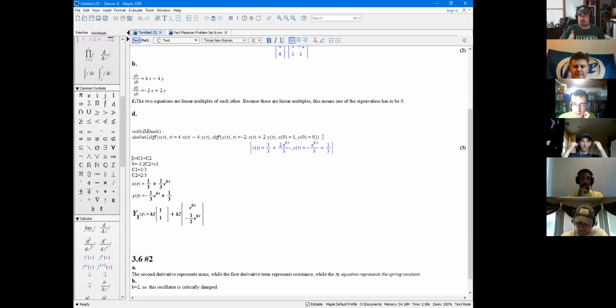But notice, Maple gives you the parametric form of the solution. And that should look exactly like it belongs to the matrix form of the solution later on. You can see the parametric form and the matrix form of the solution. They're the exact same thing.